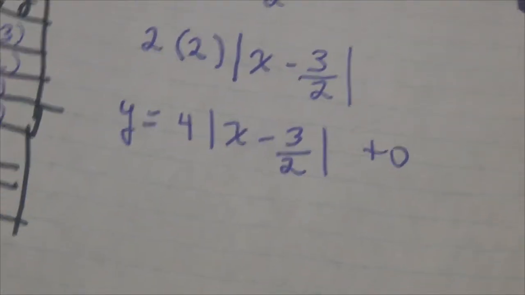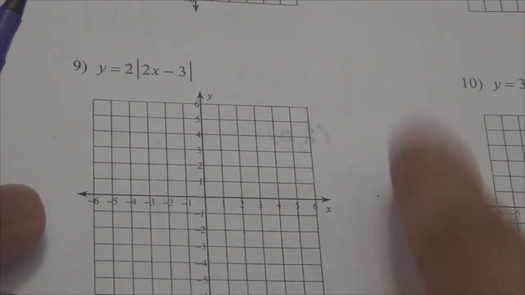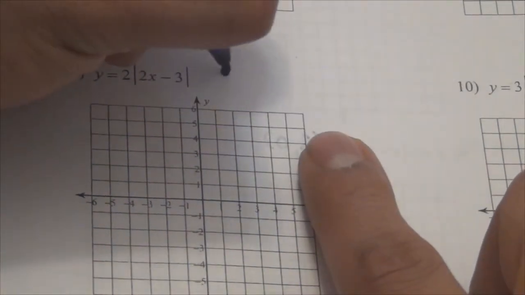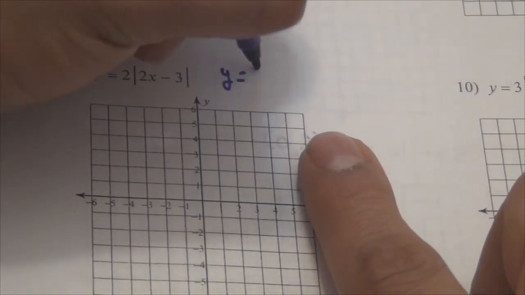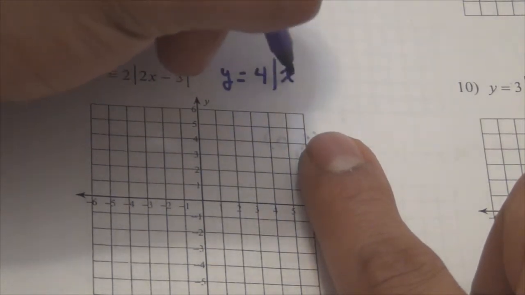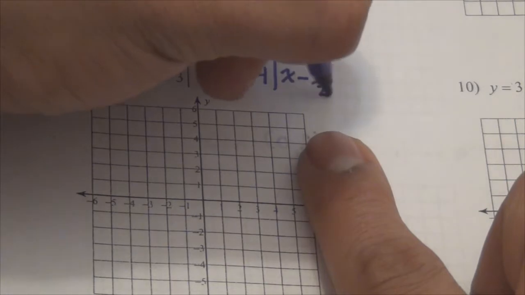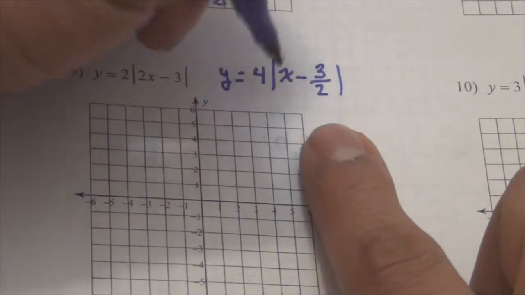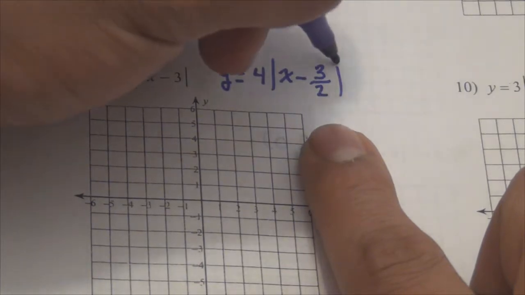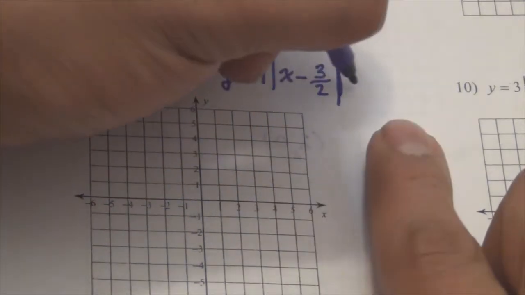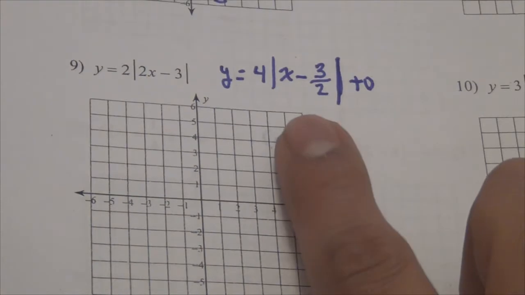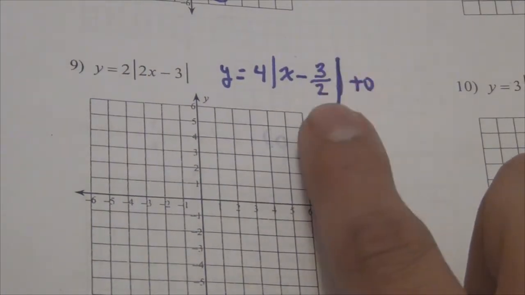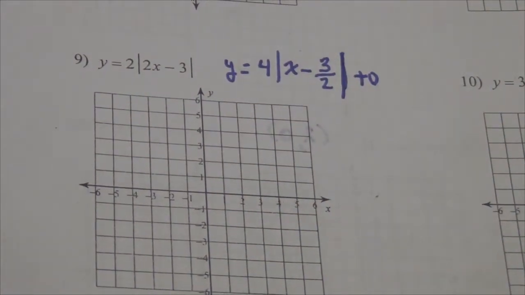So now let's have our equation right here. When I did it, I wrote y equals 4 absolute value of x minus 3 over 2. And remember, you want the inside to be positive, like the coefficient of x. Okay, so that's what we have, and I wrote plus 0. So the vertex is at 1.5 comma 0. Let's see if it is actually true.